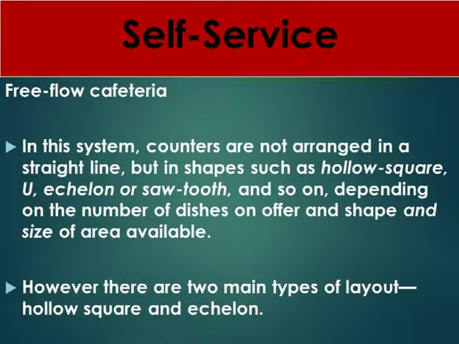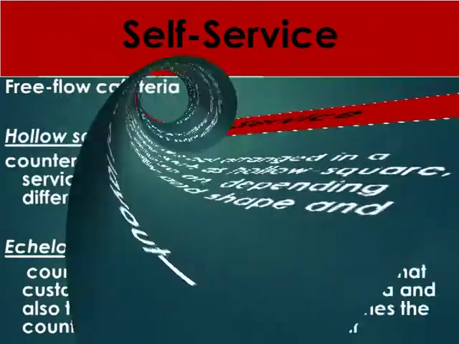Self-service. Free-flow cafeteria. In this system, counters are not arranged in a straight line, but in shapes such as hollow square, U, echelon or sawtooth, and so on, depending on the number of dishes on offer and shape and size of area available. However, there are two main types of layout, hollow square and echelon.